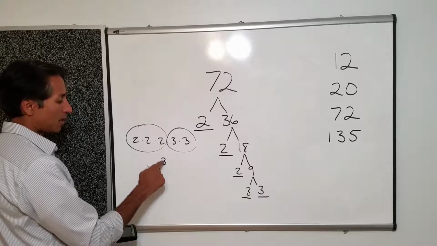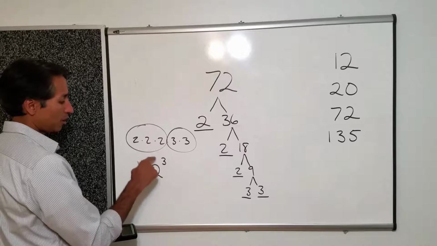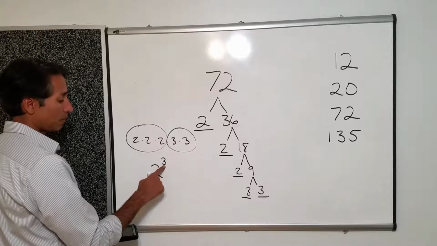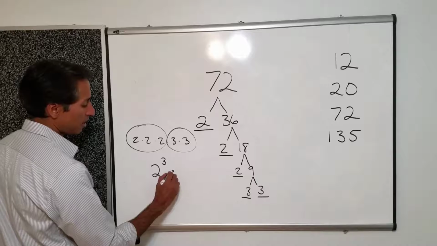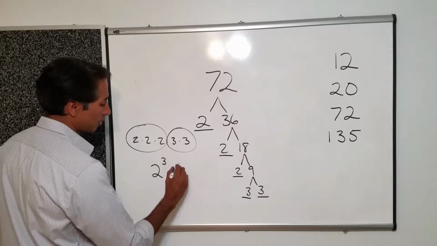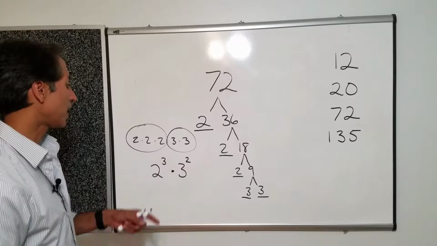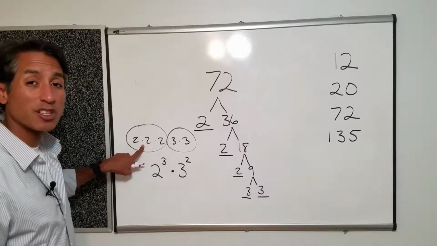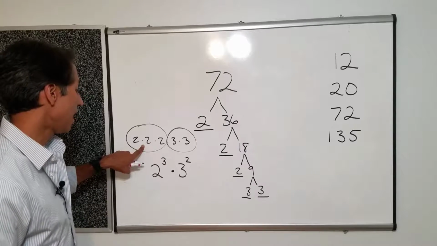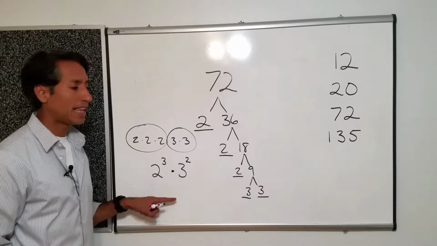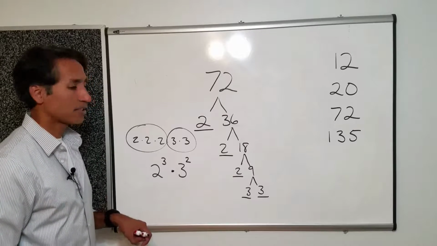You're going to use an exponent saying how many 2's there are. There's 3 of them being multiplied together, times 3 times 3, or 3 squared. So like I said, some teachers will be okay with you doing it like this, and then some will say you should condense it just because that's a little bit easier to work with.